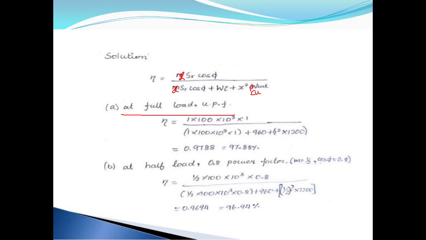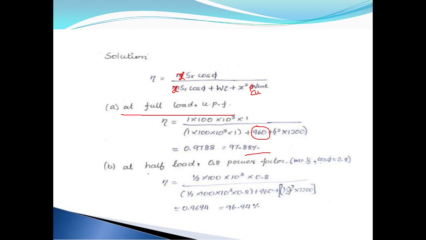In a similar manner in the denominator, the output power plus losses: iron losses, that is 960, it is fixed, and copper loss at this load condition, full load, so 1 square into 1200 watts, as given. On simplifying this, we will get 97.88 percent.